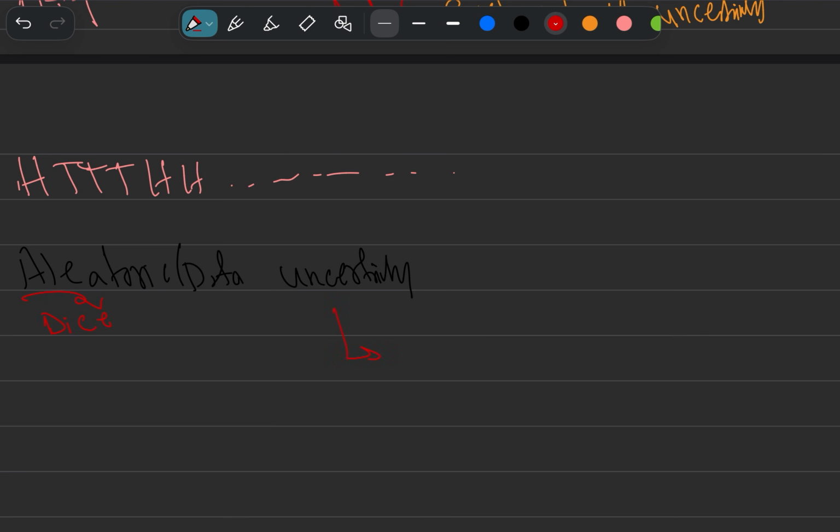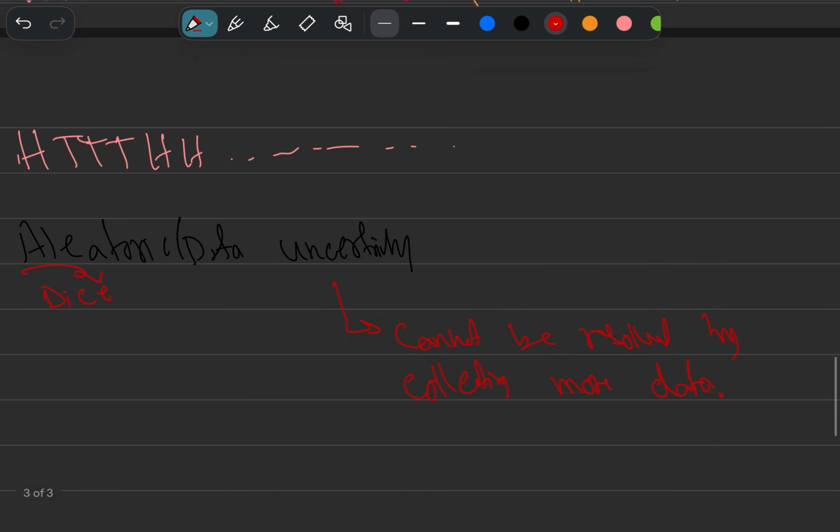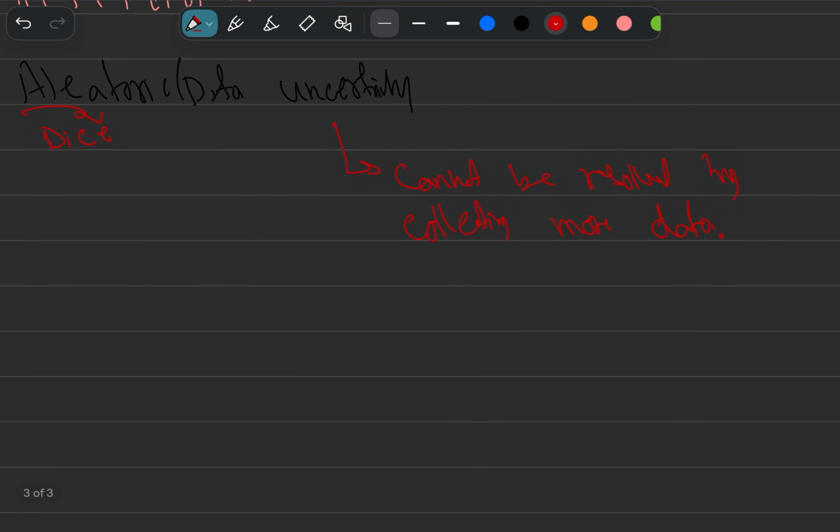This is very important for machine learning: aleatoric uncertainty, or data uncertainty, cannot be resolved by collecting more data.